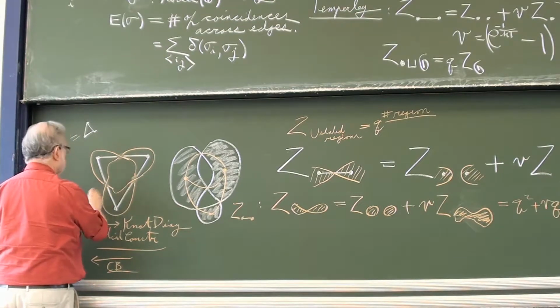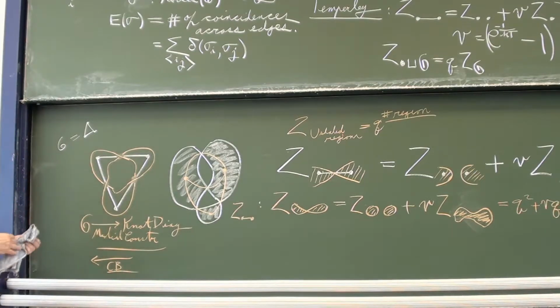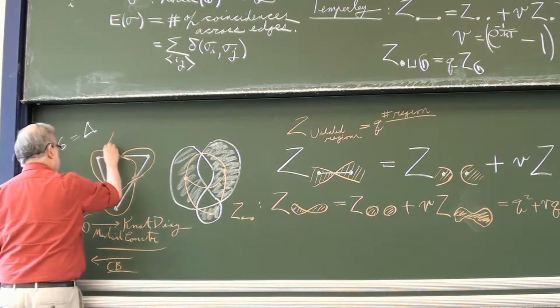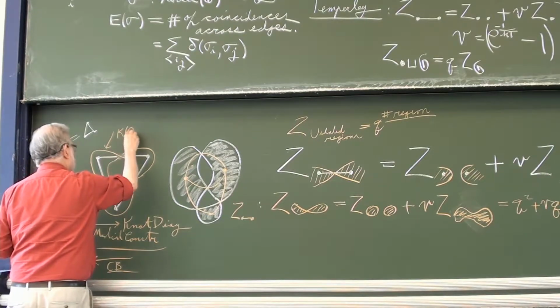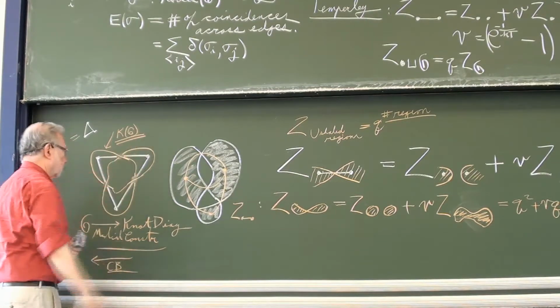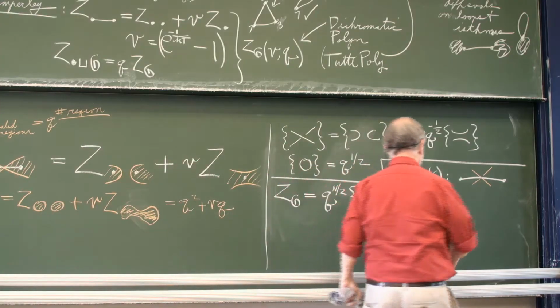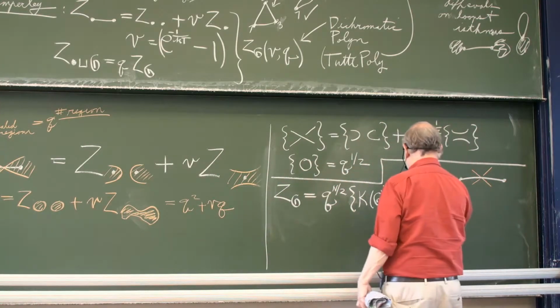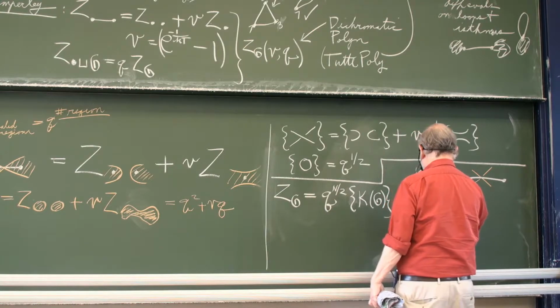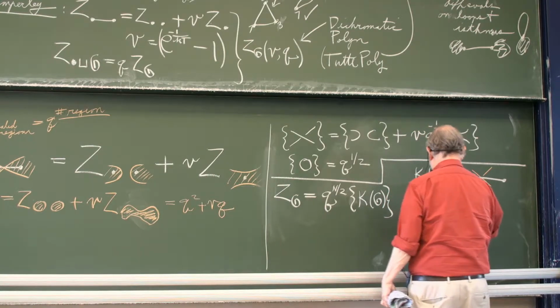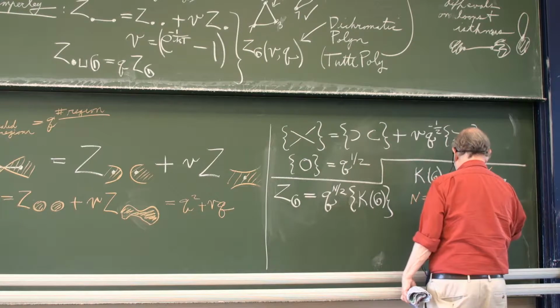And if you make them all the same, then you get an alternating diagram, as is not hard to see. You always get an alternating diagram, and so in this case you have the trefoil knot, and this is K of G. So I choose a specific knot because I need a knot in order to instruct me to do this, and that's the knot I choose, and n is equal to the number of nodes of G.